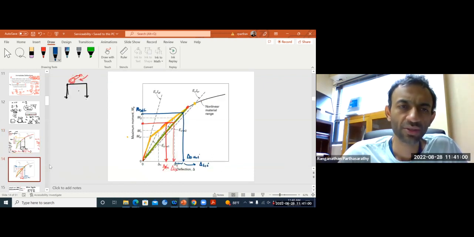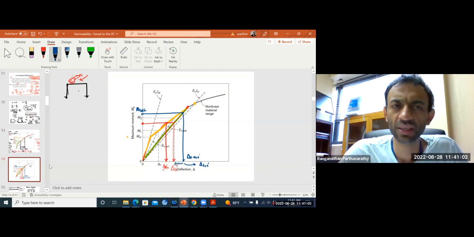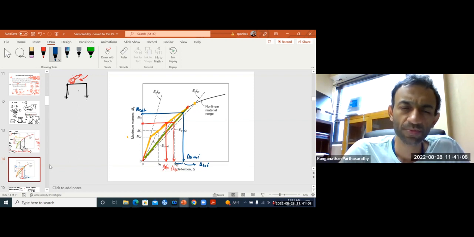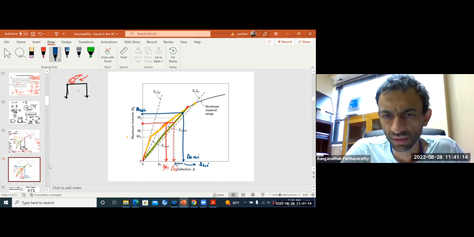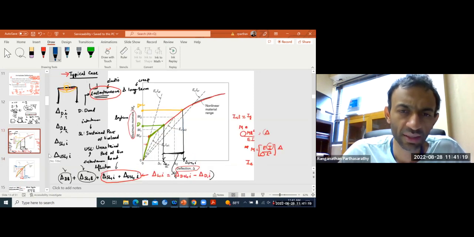Because your heavy construction equipment already cracked the structure as much as it's going to crack, your instantaneous deflection due to live load is not going to be as high as in the previous case.